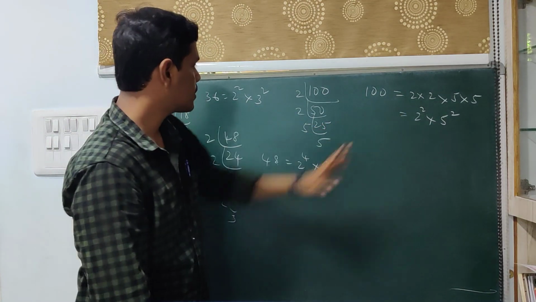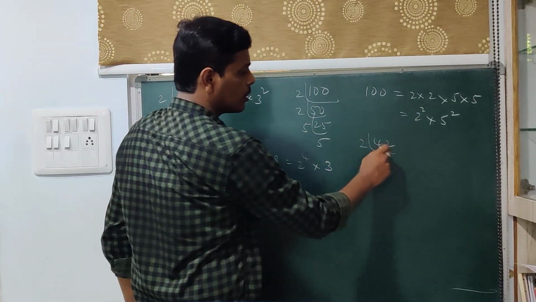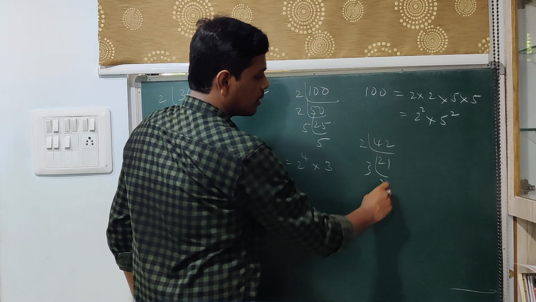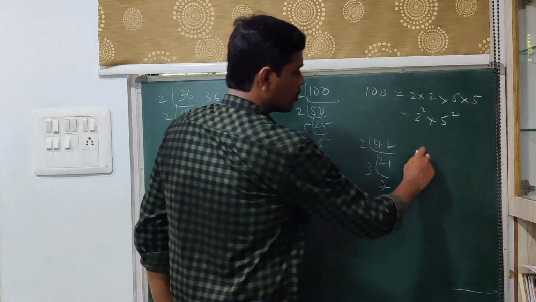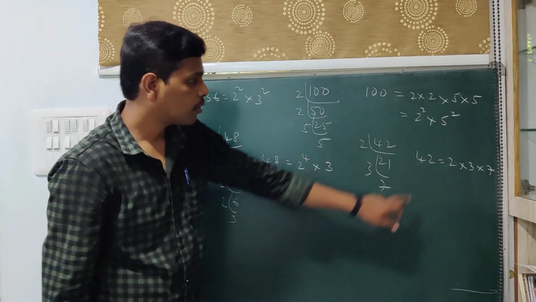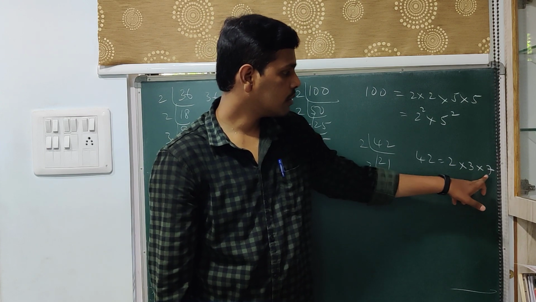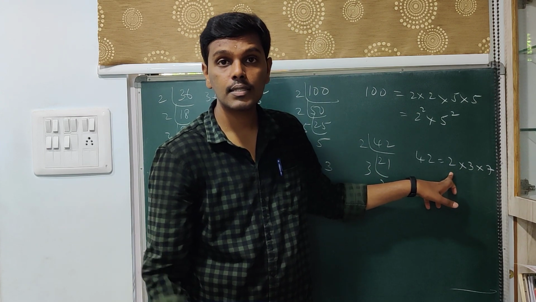If you look at this case, let us say 42. 42, what is it? 2 times 21, 3 times 7. So 42 is 2 into 3 into 7. Now this 42, I have written as the product of prime factors, and all these prime factors are distinct. That is, they are different.